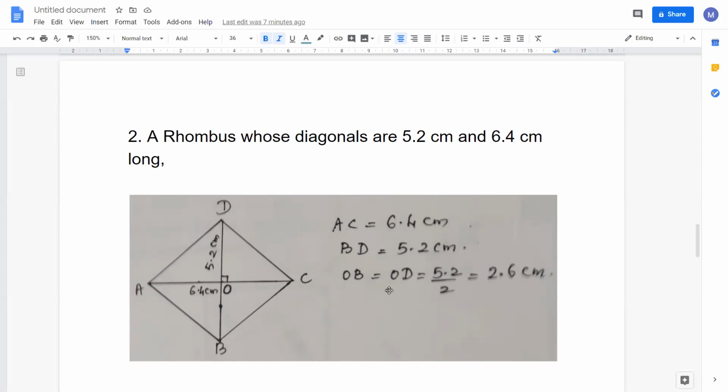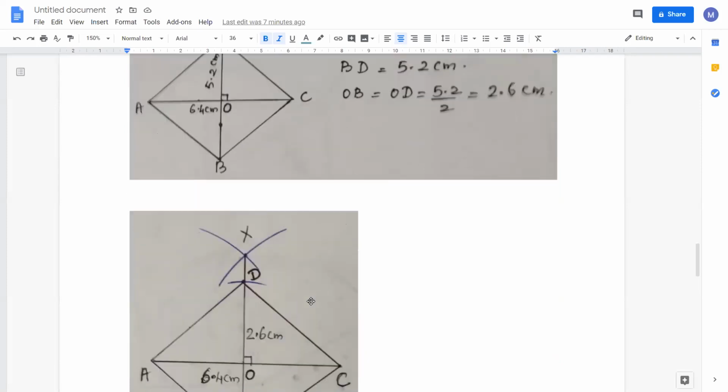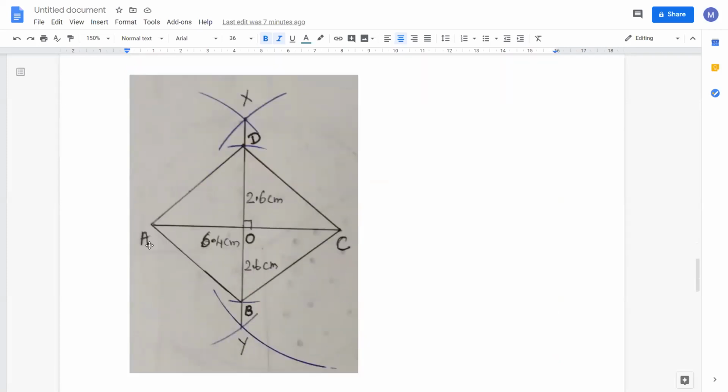So first of all, we have to start with one diagonal. Any one of the diagonals we can draw. I have drawn the diagram here. See, first I have started with diagonal AC of length 6.4 centimeter. Then we have to draw the perpendicular bisector of line segment AC, that you had already learned in the lower classes. So how will you draw?